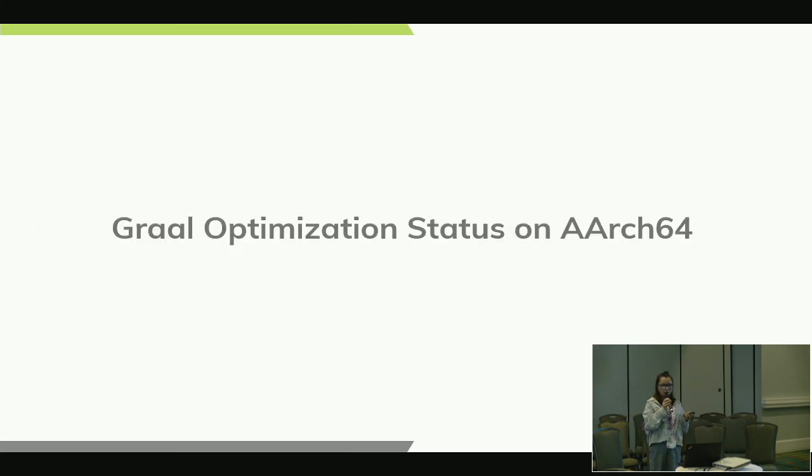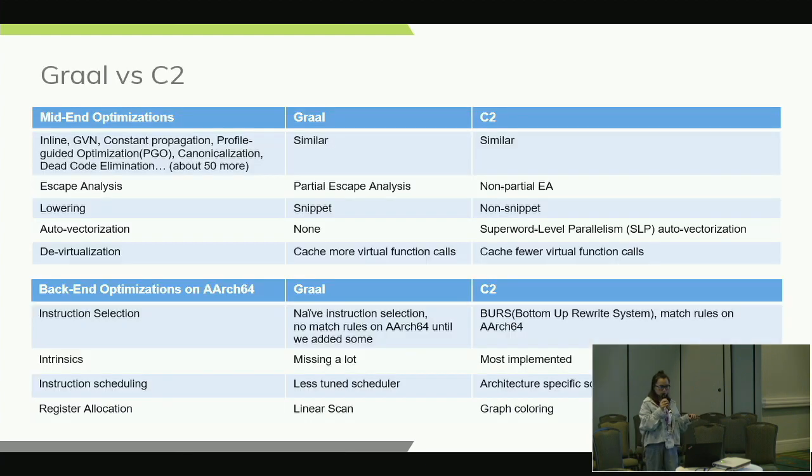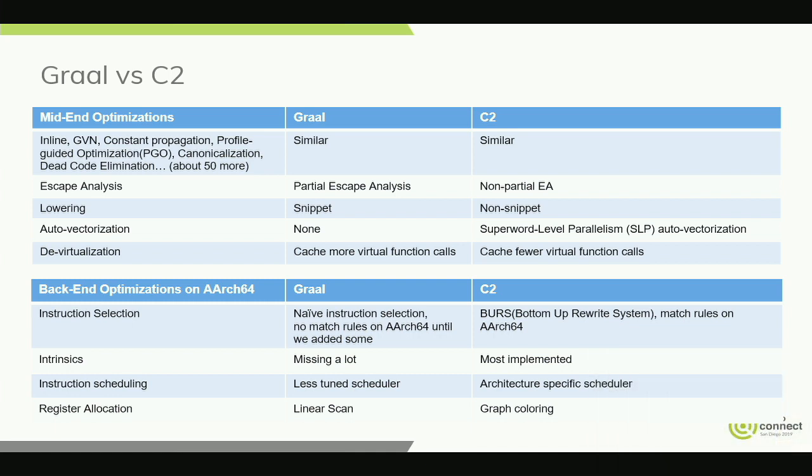Next, I will talk about the optimization status before our optimizations. This is the optimization comparison with the C2 compiler. For the middle end part, middle end optimizations are applied on the high-level nodes, which are common to all platforms.